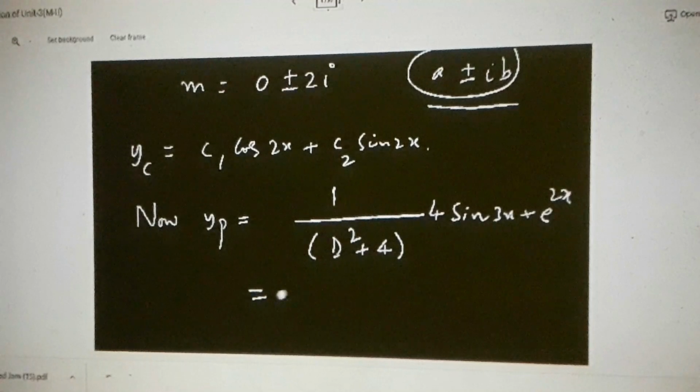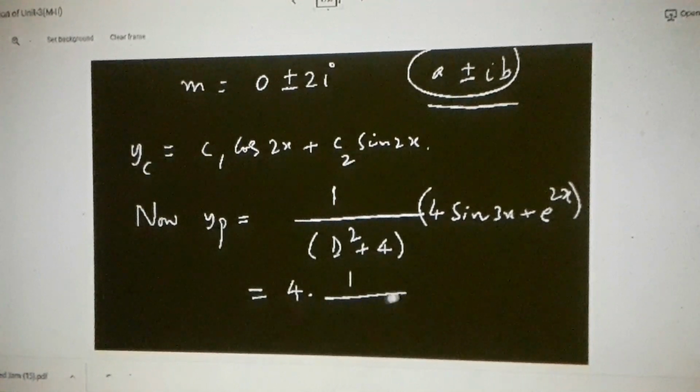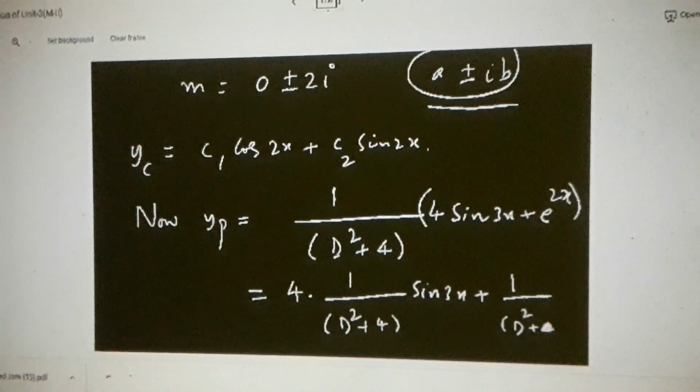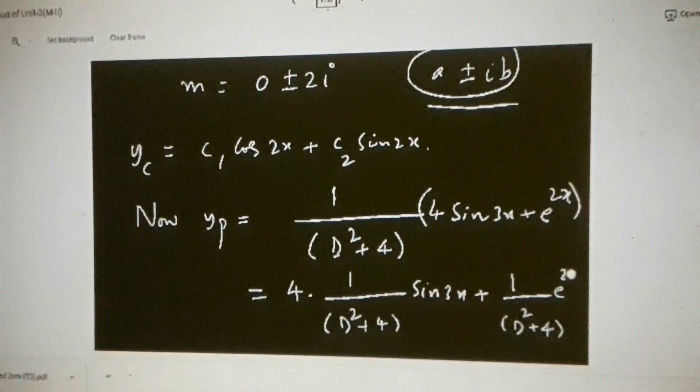The first fundamental idea is to separate. Depending upon different functions, you have to separate it. So 4 comes out: 1 by (D squared plus 4) into sin 3x, plus 1 by (D squared plus 4) along with e to the power of 2x.